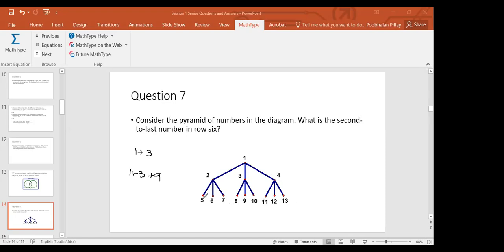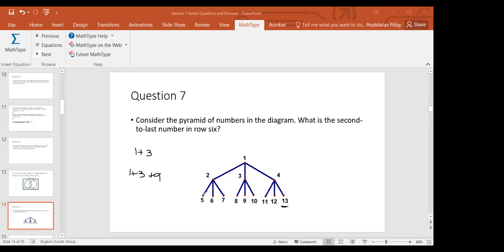These 9 numbers are in the third row. So altogether, you've got 1 plus 3 plus 9, which is 13, and that's the last number here. So the point is that we can actually calculate the last number in each row simply by adding, and what?